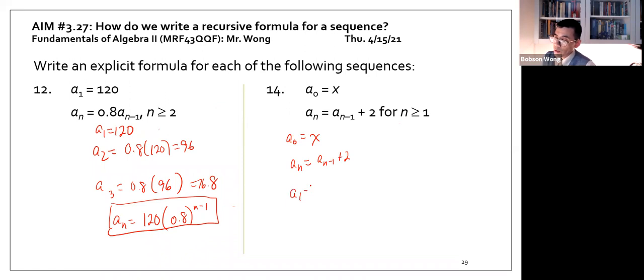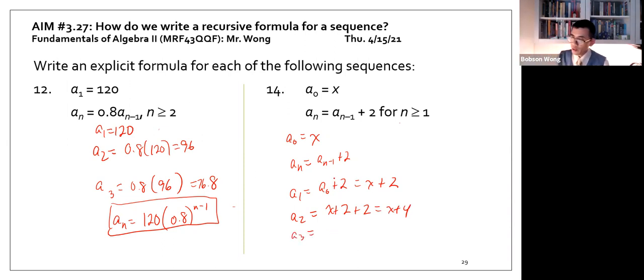So a sub 1 is going to be the previous term, which is a sub 0 plus 2. And so that's x plus 2. Now a sub 2, sorry, is equal to the previous term plus 2, that's x plus 4.